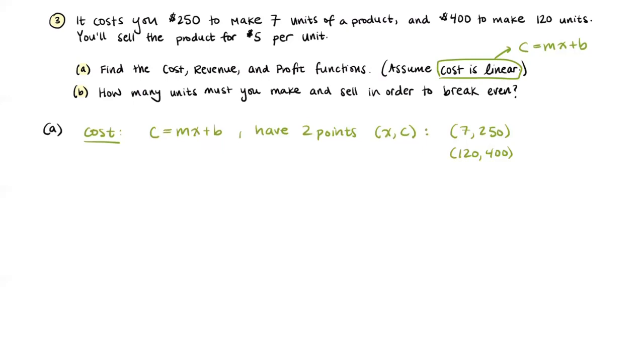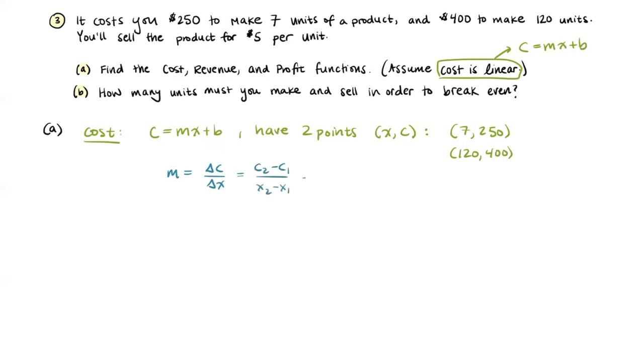All right, we have to find m and we have to find b. Now m is usually change in y over change in x, but here we're looking at a formula for cost, C, so we should write that accordingly: delta C, or change in C, over change in x. Or we can write C2 minus C1 over x2 minus x1.